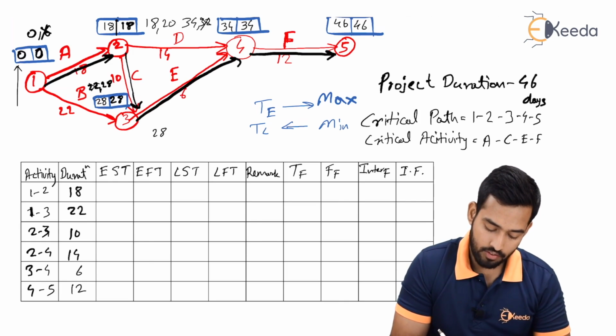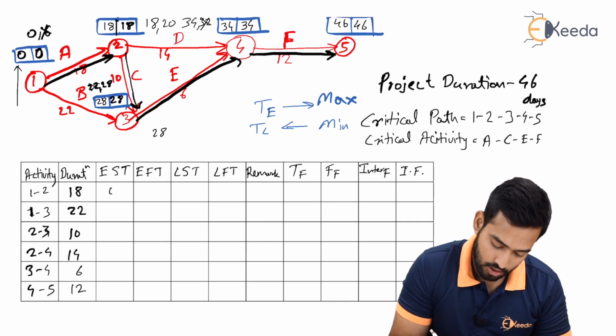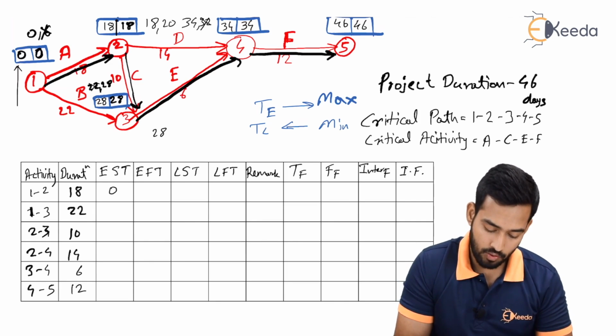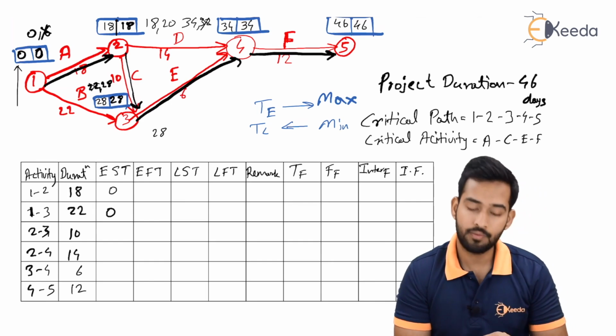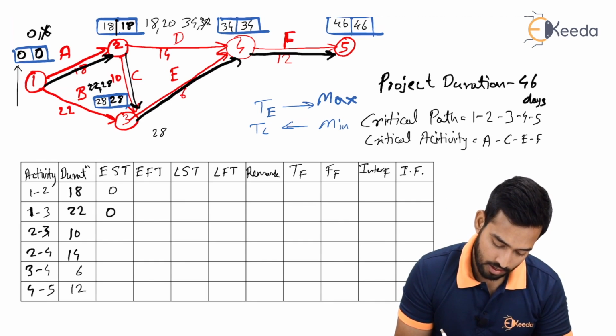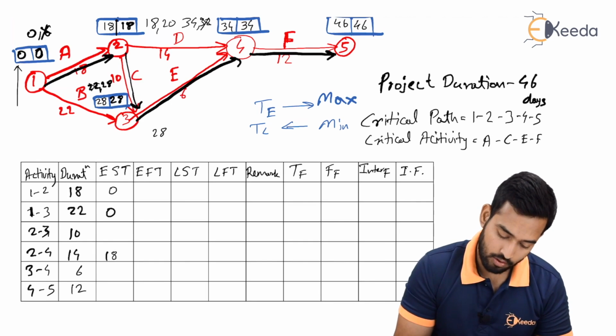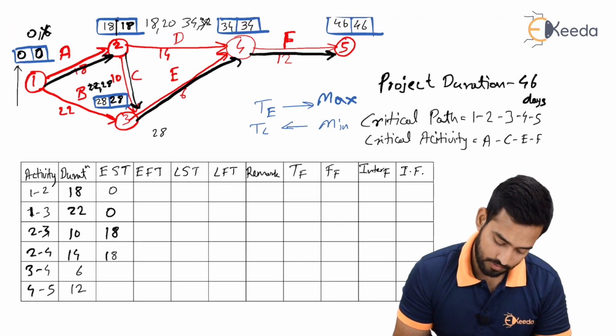So EST of the first activity, 1 and 2, in the network will be 0. EST for 1 and 3 will also be 0. For 2 and 4, the EST will be 18. For 2 and 3, EST will be 18.